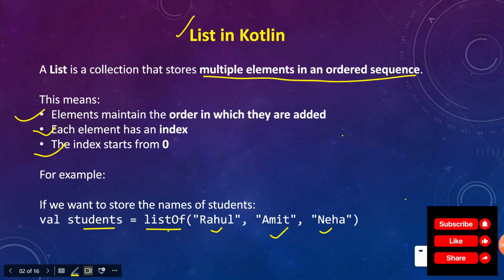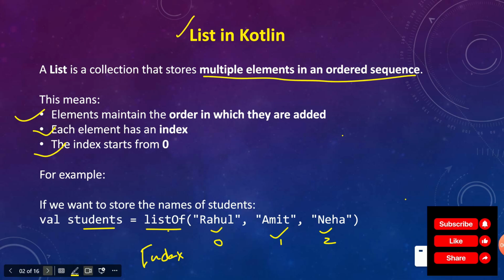Here the list contains 3 elements. The index structure looks like this: at index 0 is Rahul, at index 1 Amit, and at index 2 Neha. Starting from index 0 means the size of the list minus 1 will be the last element. So a list allows us to store multiple values in a clean and structured way.